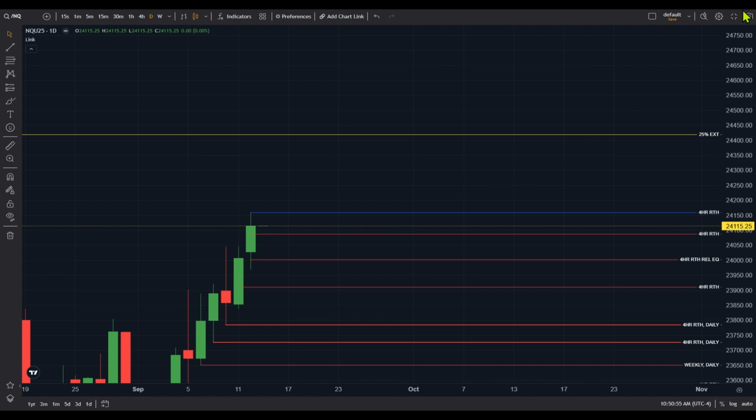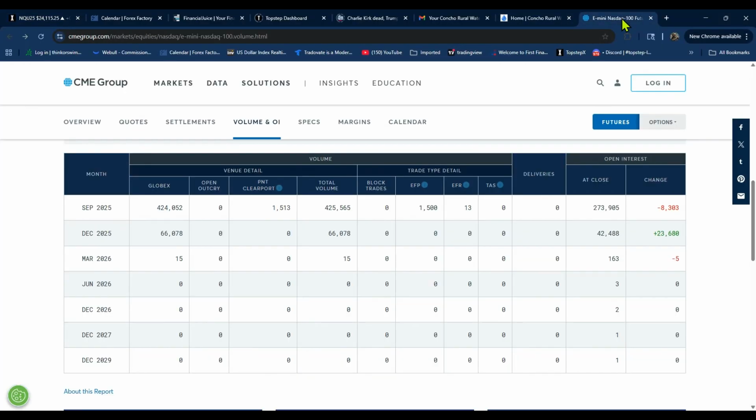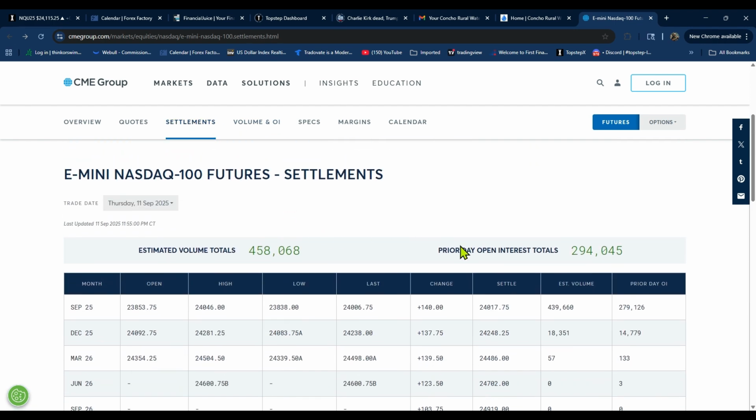You know what? I'm going to look at CME and find out where that price is right now. Right here. It doesn't show the price. Let's try settlements. Okay. So, yeah, that's not... I don't think that's settled.